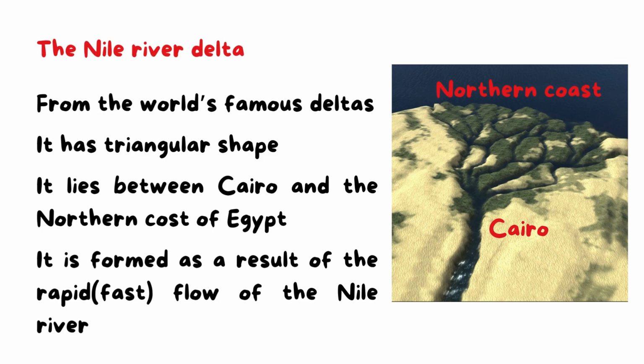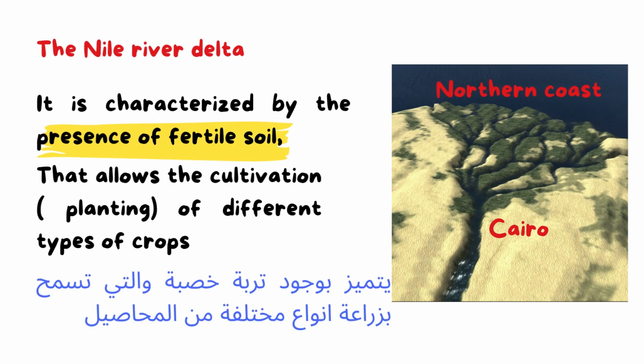And it is characterized by the presence of fertile soil. What's the meaning of fertile soil? Soil that is very good for plants. So it is characterized by the presence of fertile soil that allows cultivation. Cultivation means planting, agriculture of different types of crops.